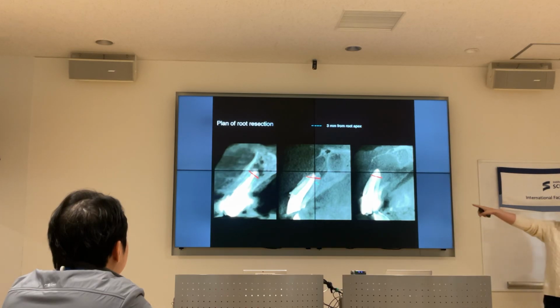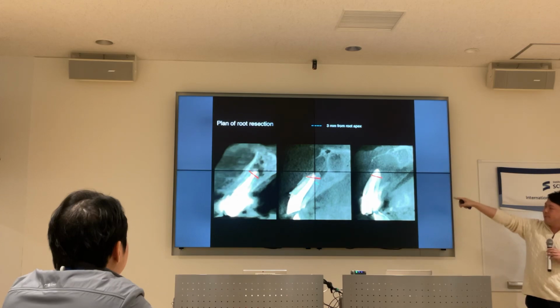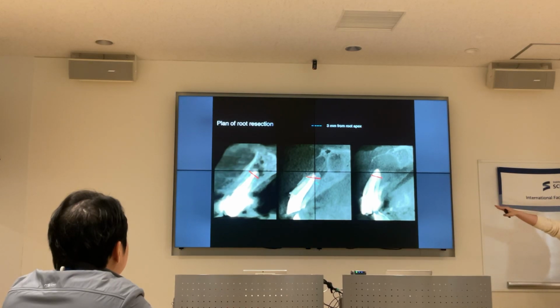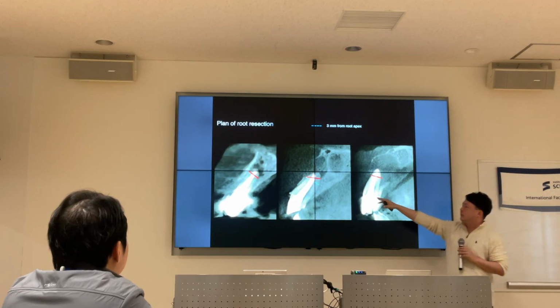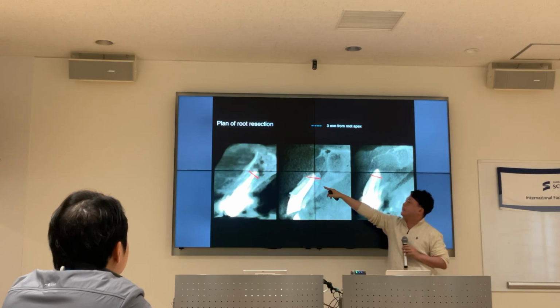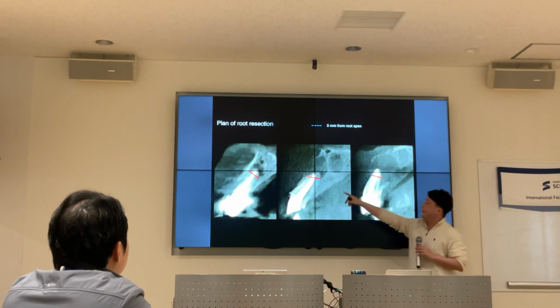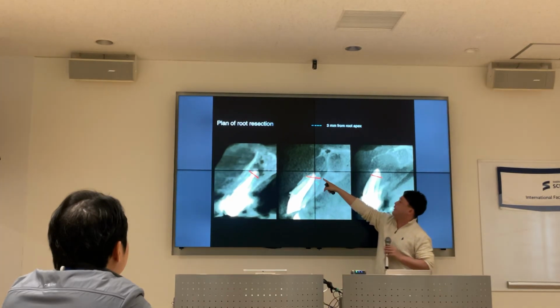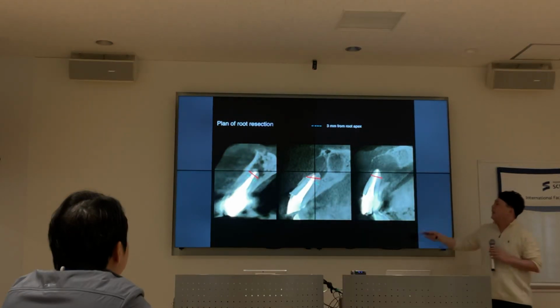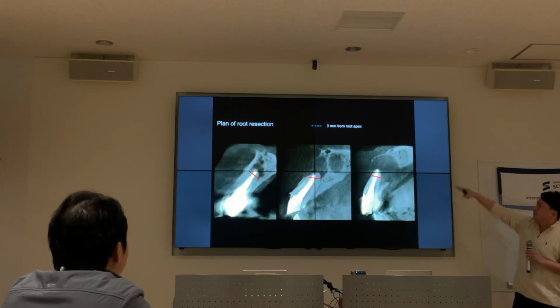Because in the first case, the bone defect is only apical, so you don't have to cut at this 3mm position. In the second case, the palatal bone exists, so you don't have to cut this blue line. So I select this cutting area. In such a through and through case, any position is okay.